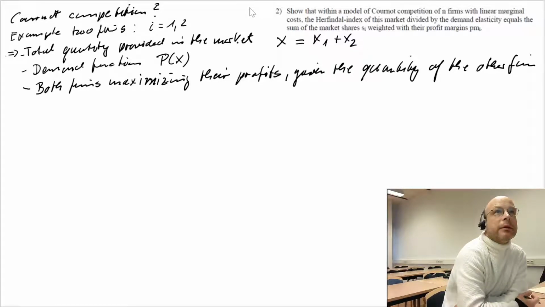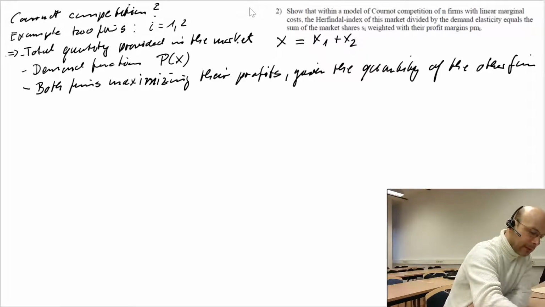And we shall have just marginal costs, which are constant.